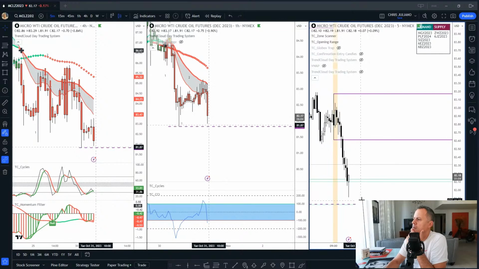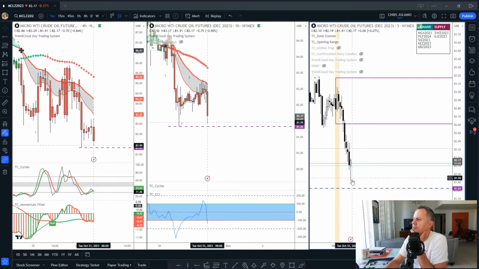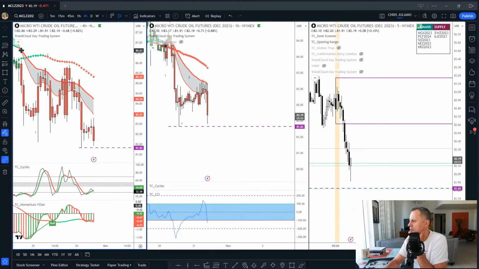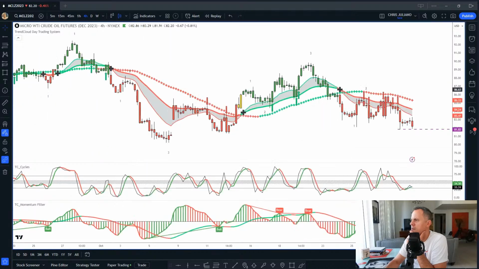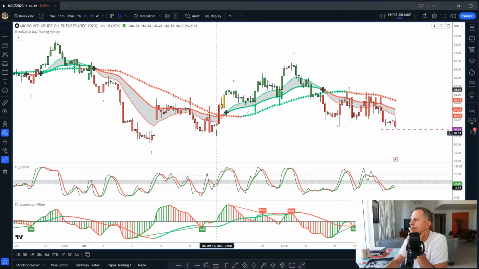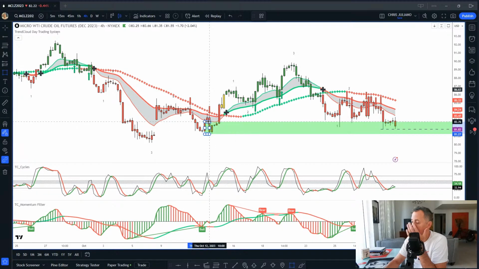Here we go. Look what we've got here. We've got this spike bottom reversal going on here. Let's take a look at that higher time frame. Four-hour chart, right? Look where we're at.